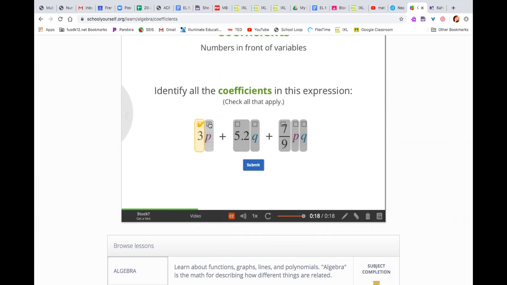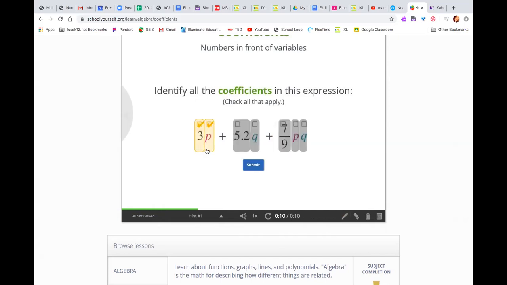Is p a coefficient? The coefficient means it's the number in front of the letter. The coefficients, or the numbers in front of variables here, are 3, 5.2, and 7/9.